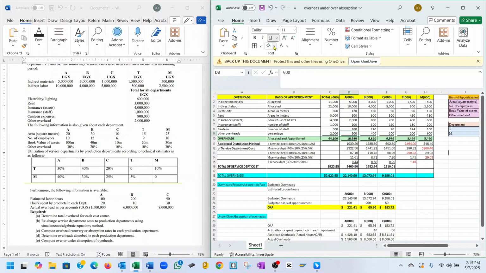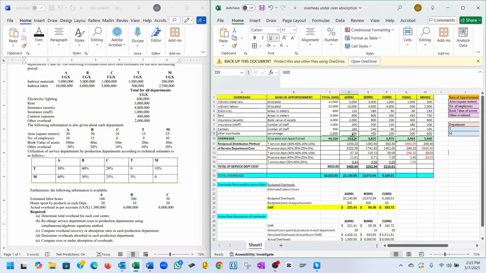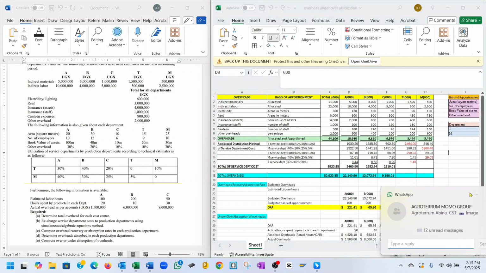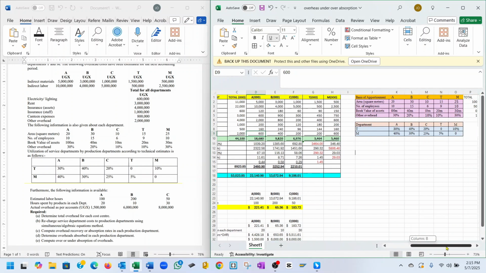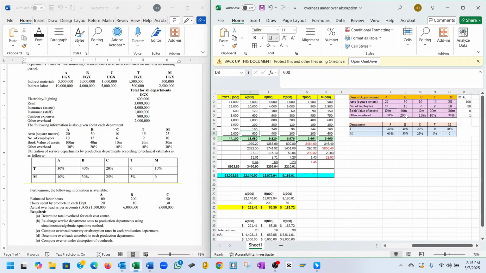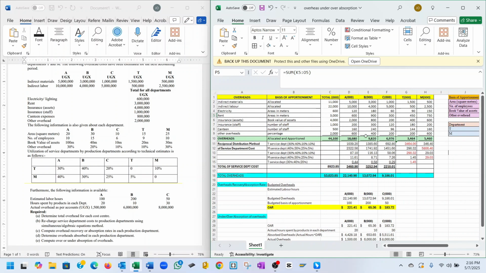Now, when we go to B, we are going to get 0.2 divided by 1 times 2 million, which will give us 400,000.